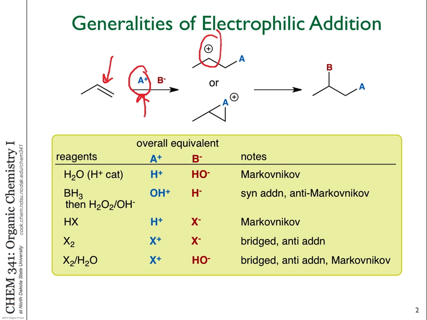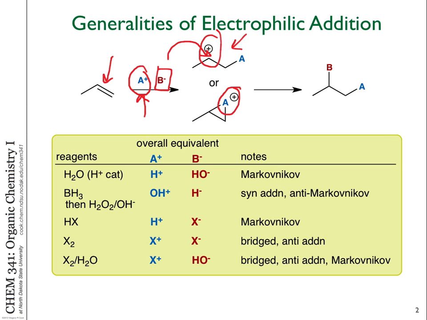Or that electrophile, if it's bigger than a proton, such as a halogen, we know, can actually form a slightly different species, a bridging species, which still has some of the characteristics of the carbocation above. Okay, that is, when you add the next group, whatever is minus charge, in this case I've written B minus, that's going to add to the position where the carbocation is.